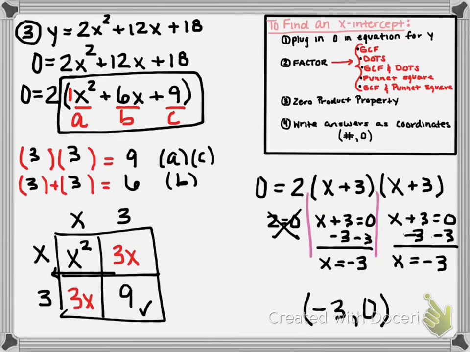Remember, if x is -3, we plugged in 0 for y, so y is 0. And that means, in this case, guys, there's only one x-intercept. So if you look at those graphs at the top of your notes today, you'll see that only one x-intercept just means that you're only going to have that vertex touching your x-axis.